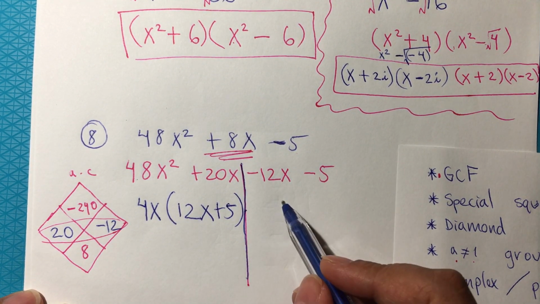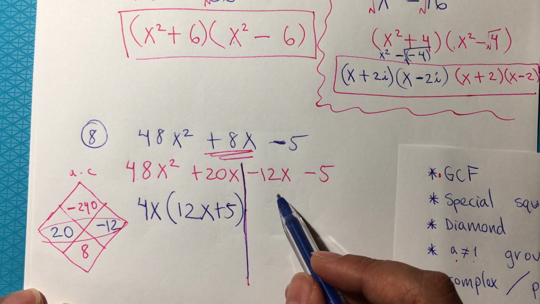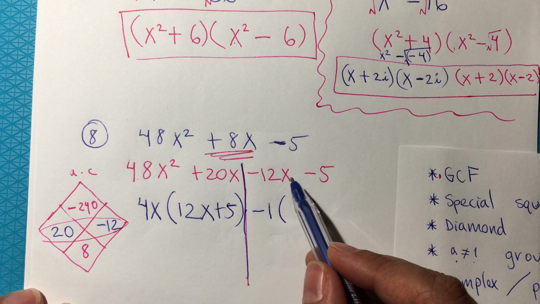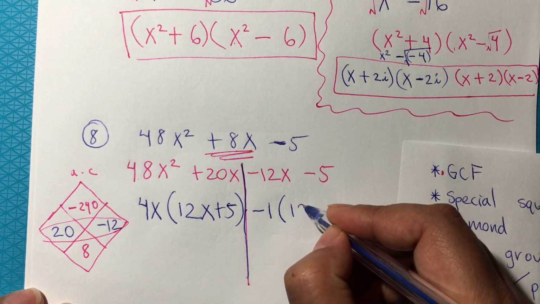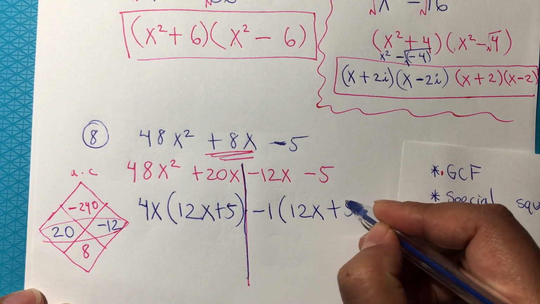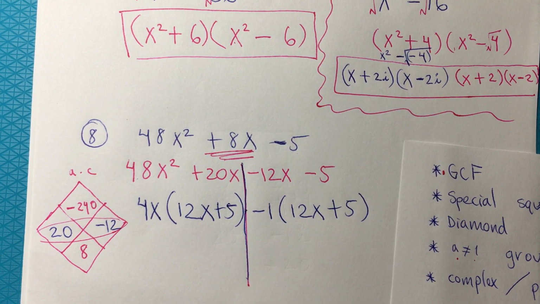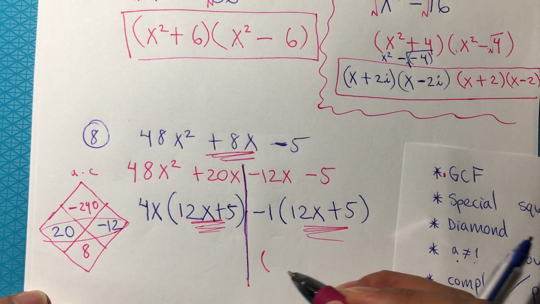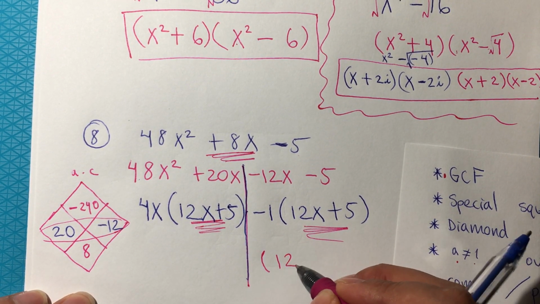In here, the greatest common factor is -1, and start dividing. -12x divided by -1 is 12x. -5 divided by -1 is +5. And again, remember that these two have to look exactly the same. So 12x plus 5, 12x plus 5, and we just write it once.